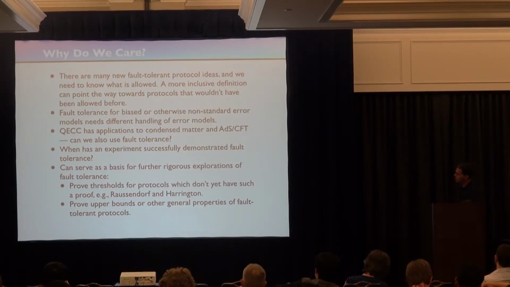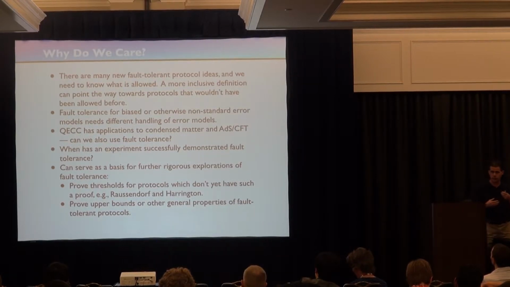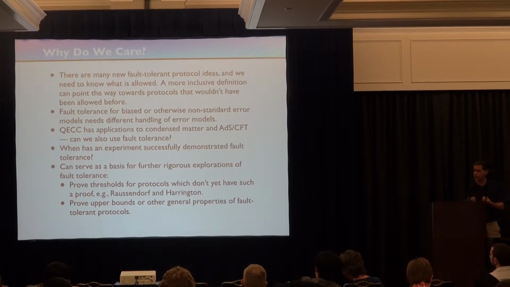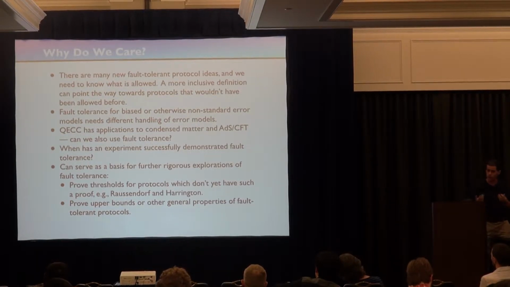And so another one, we heard, for instance, this morning about how the states of a holographic system can be described in terms of a quantum error correcting code. And so it's an interesting question, I think, to ask if fault tolerance can be applicable there.